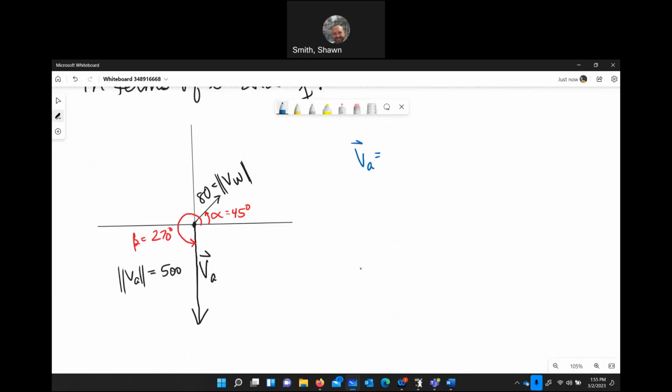Its magnitude is 500 times its direction, which is the cosine of that angle. That angle is 270, times vector i, plus the sine of 270 degrees times vector j.